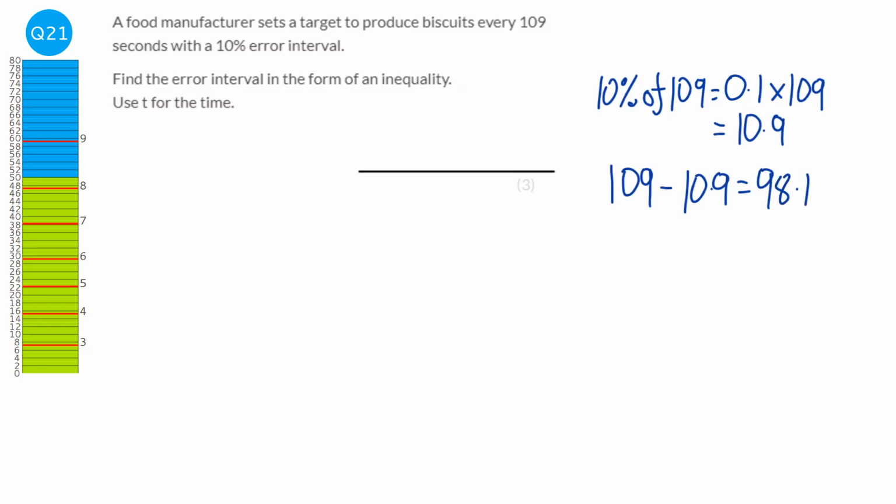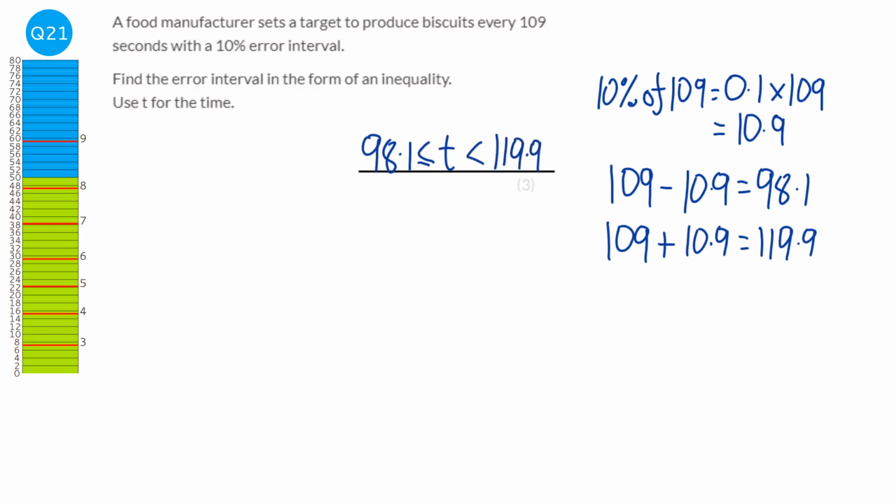And then we're going to do 109 plus 10.9, which will give us 119.9. So our error interval is between 98.1 and, it says to use t, 119.9.